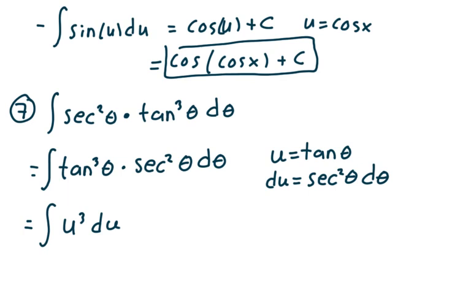And so this is the integral of u cubed du. So what would the answer be? It's 1/4 u to the 4th plus c. Now, you get into here, I'm pretty happy, right? But remember, you have to transform that integral back in terms of theta. So I'm going to let u equal tangent theta.